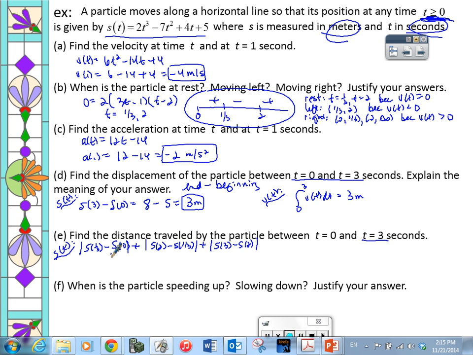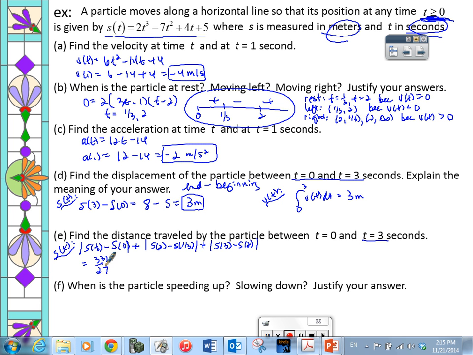I find all those function values, I do all that arithmetic, and just for time's sake, I'm not going to go through the arithmetic part right here, but that's what you would do. And basically we're going to get 331 over 27.